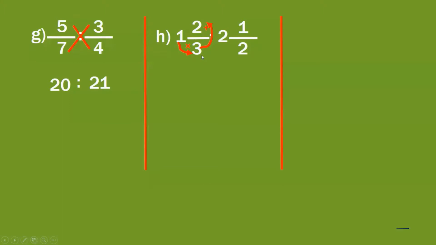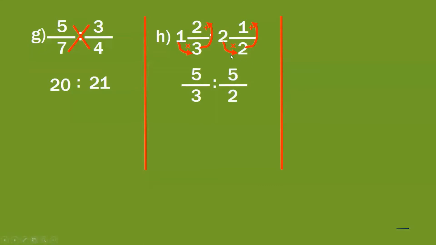So it will be 5 over 3, which is the denominator. And the second term, 2 multiply 2 equals 4 plus 1 equals 5. So it will be 5 over 2, the same denominator.